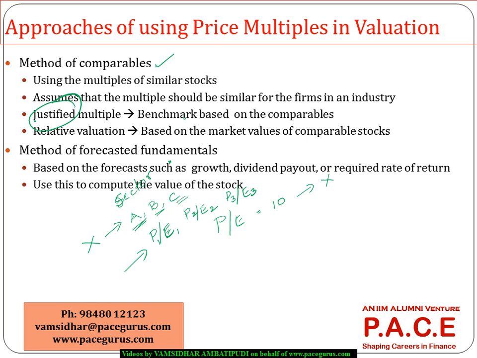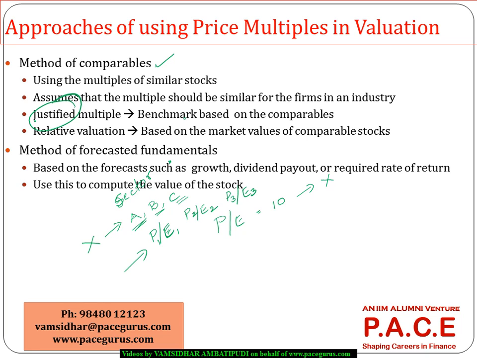We are using the comparable companies and deciding the multiple of those companies to be similar to this one because companies which are in a similar industry, what we expect is that their price to earnings ratio should be more or less along the same lines, because when companies are performing more or less similarly, their pricing pattern should also be on similar lines.